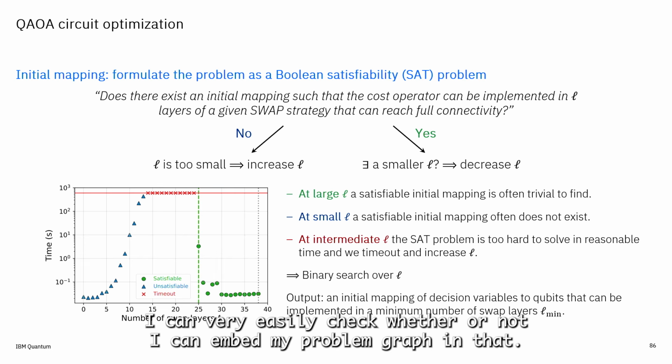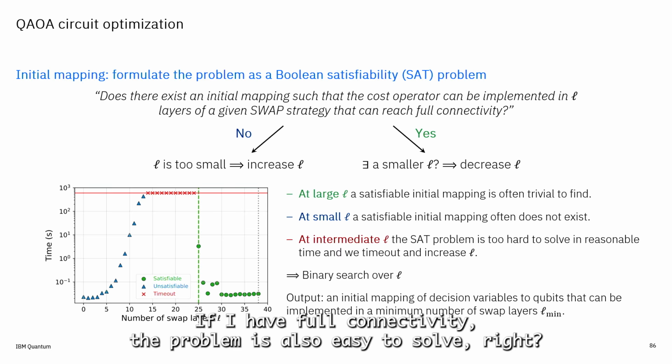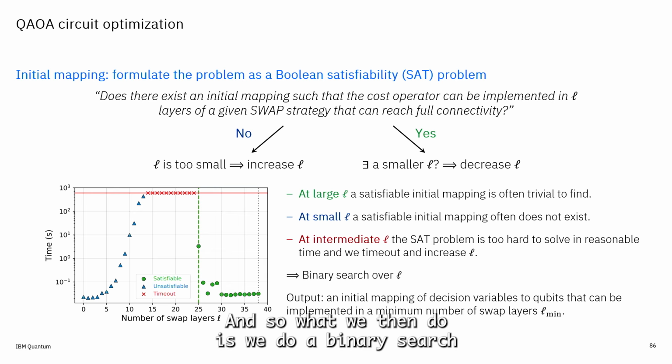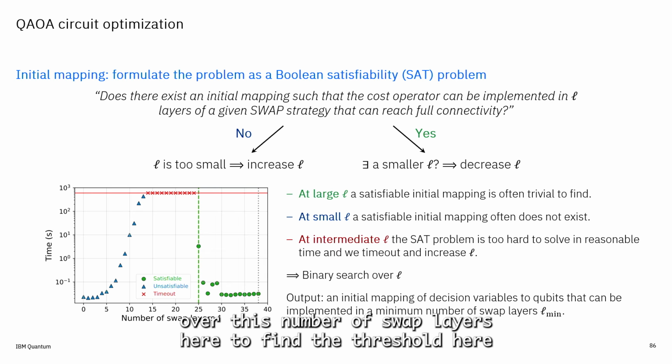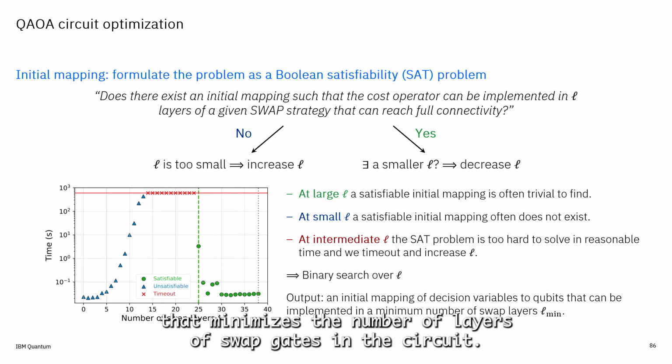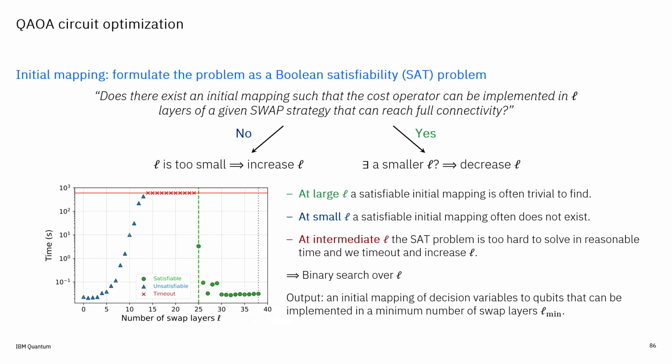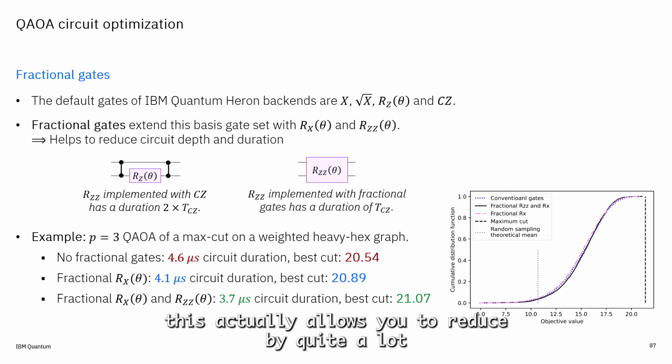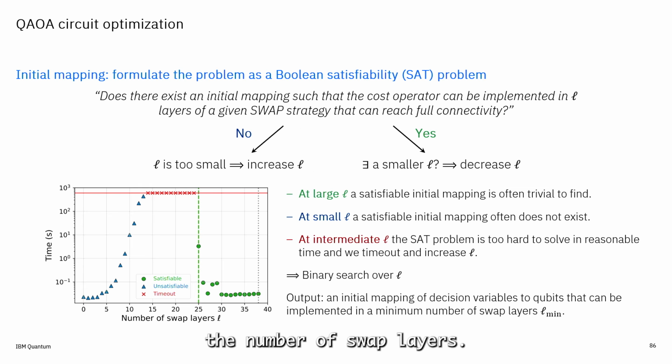I can very easily check whether or not I can embed my problem graph in that. If I have full connectivity, the problem is also easy to solve, right? And so what we then do is a binary search over this number of swap layers to find the threshold that minimizes the number of layers of swap gates in the circuit. And so this actually allows you to reduce by quite a lot the number of swap layers, right?